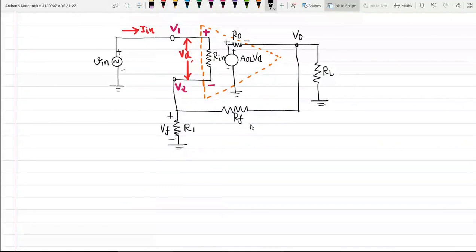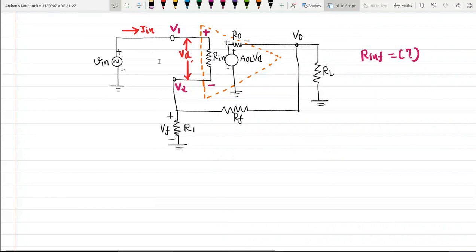Here R in is the input resistance of the op amp without feedback, and we wish to find R in F, the input resistance with feedback. The input resistance with feedback is nothing but the ratio of input voltage V in and input current I in.